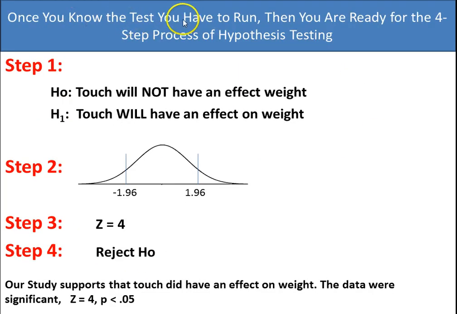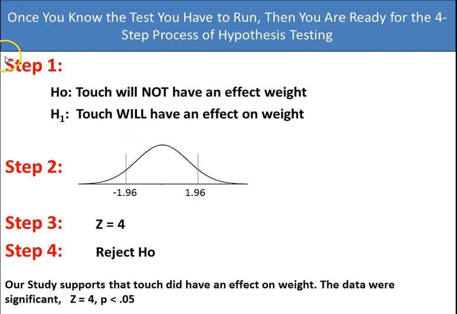Once you know the test that you have to run, then you are ready to begin the four-step process of hypothesis testing. Here, what I want you to see is that if you had already run this hypothesis test, your hypothesis test would wind up looking like this.